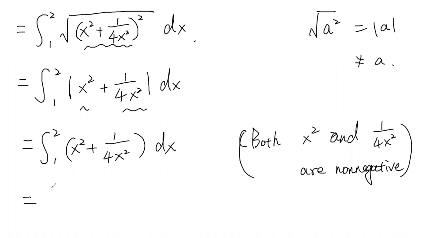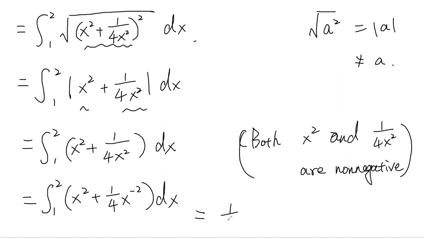And then now we can write it as x squared plus 1/4 x to the negative 2 dx. Then use the integral formula, you get this is 1/3 x cubed minus 1/12 times x to the negative 3.